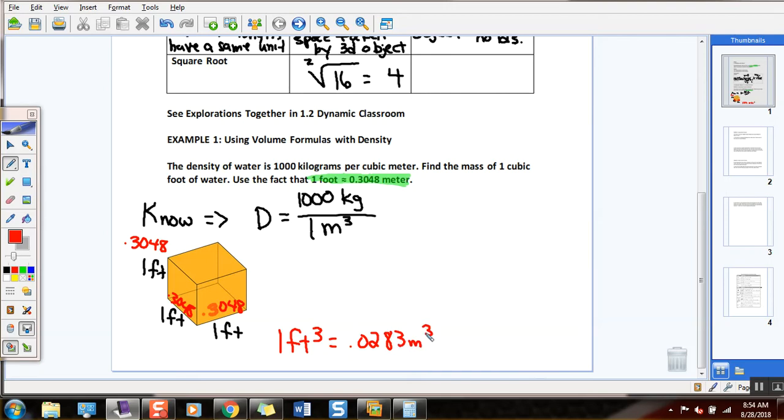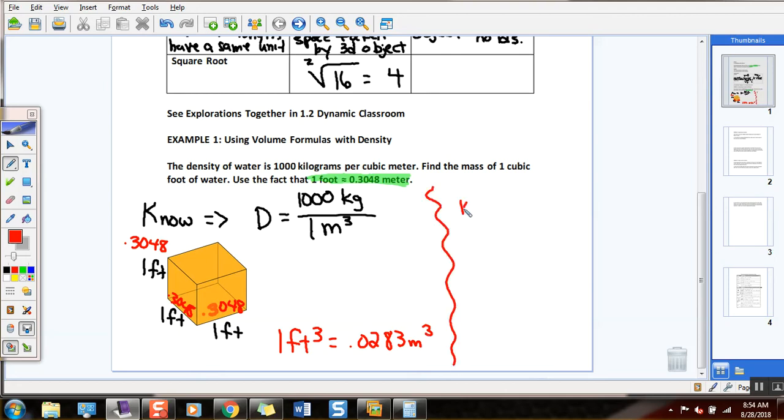Okay. So here's what we're going to do. What we know right here is the density of water is 1,000 kilograms per cubic meter. We wanted to find the number of kilograms per cubic foot. So in order to do that for a cubic foot, if we knew this density, we had to change this volume of cubic feet into what, kids? Cubic meters. So now what we're going to do to solve this, we're just going to simply set up a proportion.